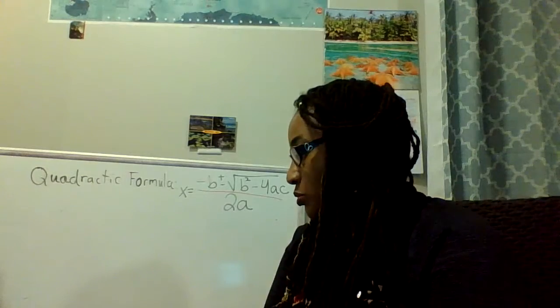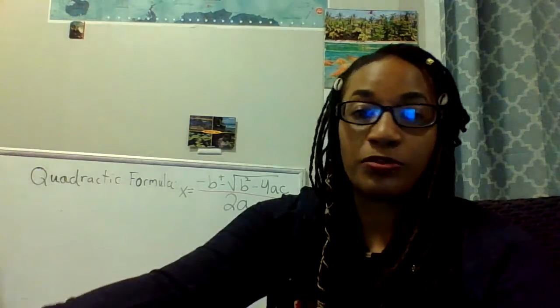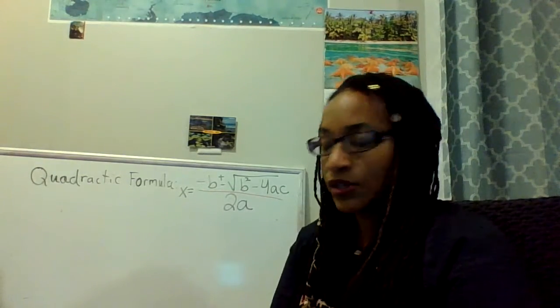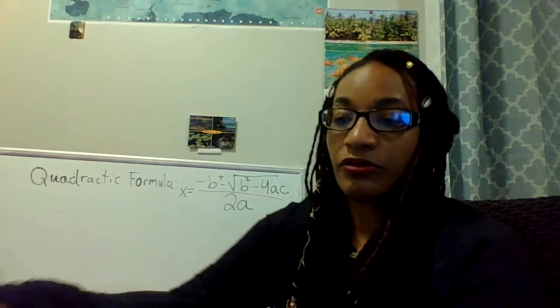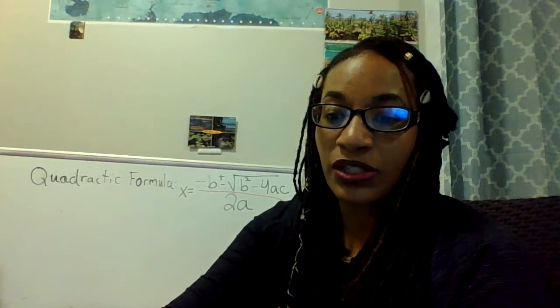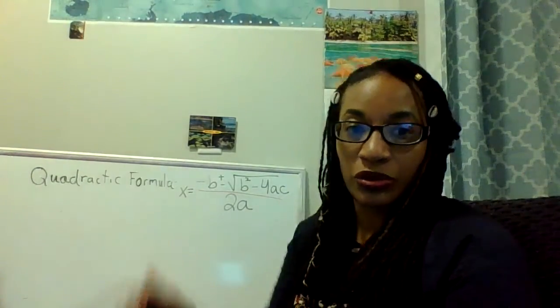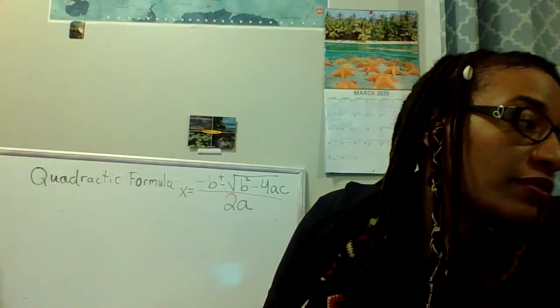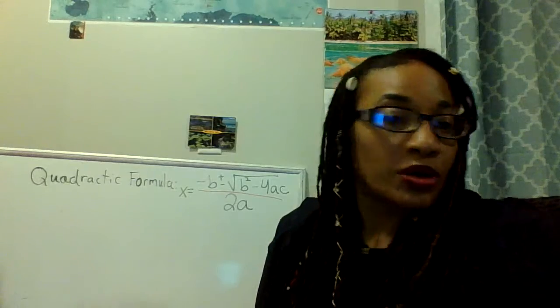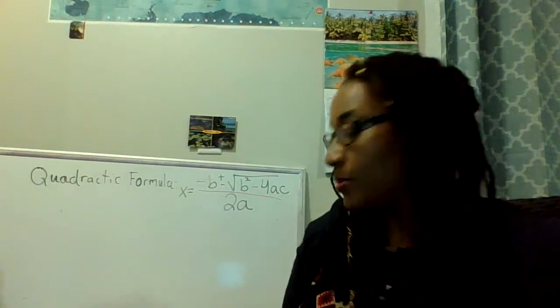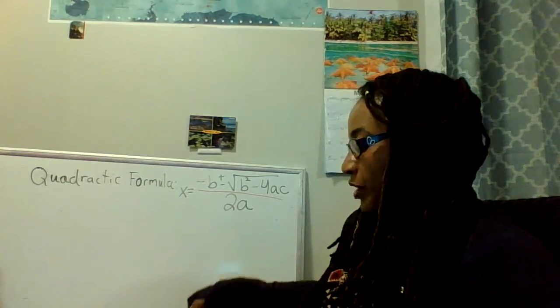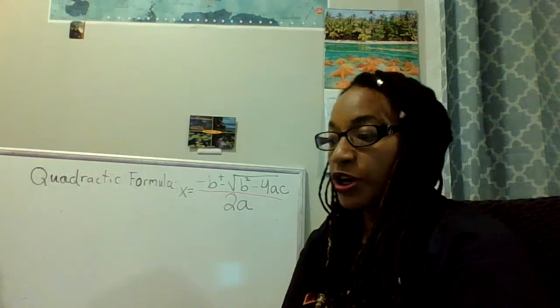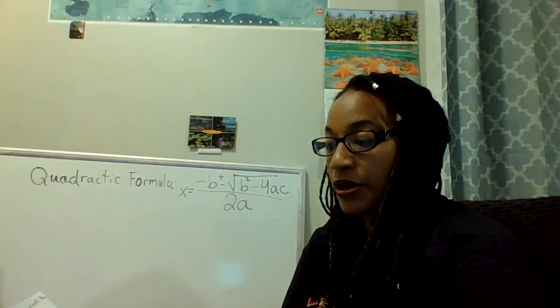I'm going to help with a problem that one of my students sent me via a messenger, just to show them how to do the problem. And so let's get started with some background information. We are going to be working with quadratic formulas. Quadratic formulas is one of the three functions that we have.